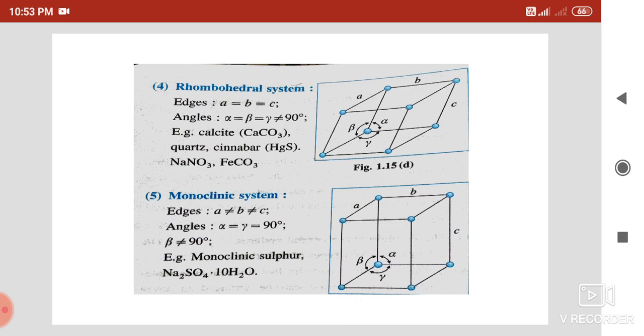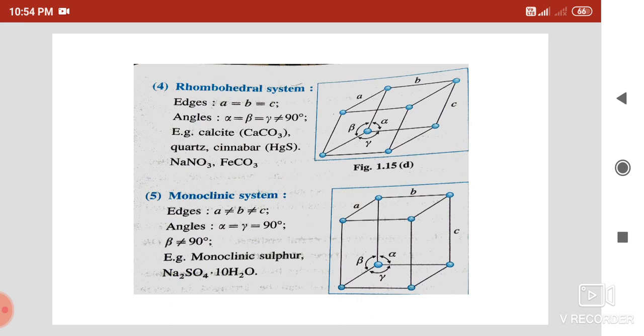In the first diagram, alpha and beta are equal but gamma is not equal to 90 degrees.